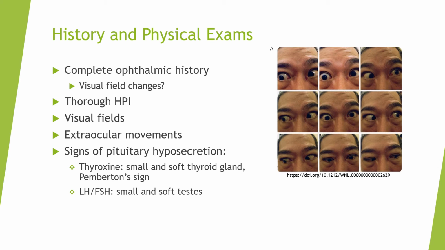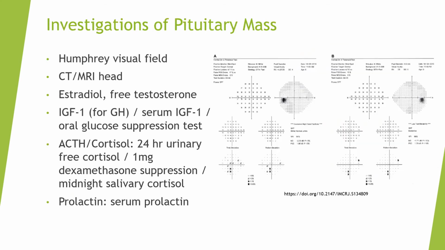Conduct and watch closely the extraocular movements, and look for signs of pituitary hyposecretion from thyroid to the reproductive system. To investigate for the pituitary mass, do a Humphrey visual field to see if the optic tract has been affected, image the head to locate the mass, and measure the hormones thoroughly to see if anything is missing.